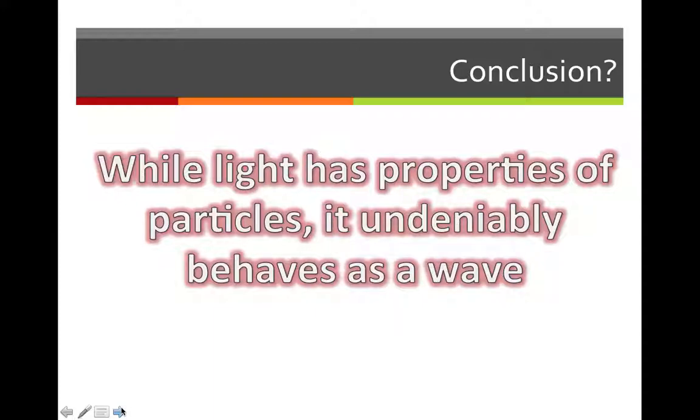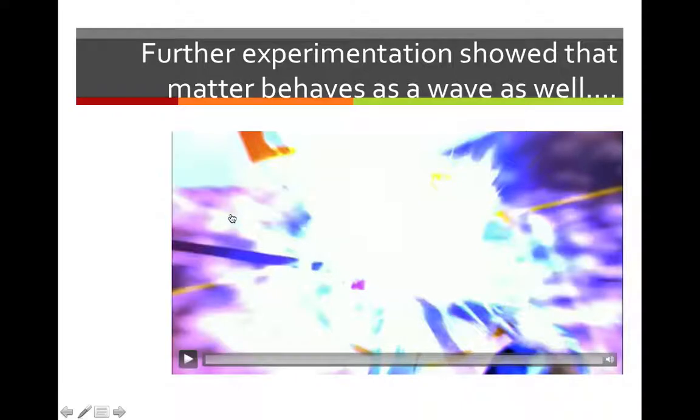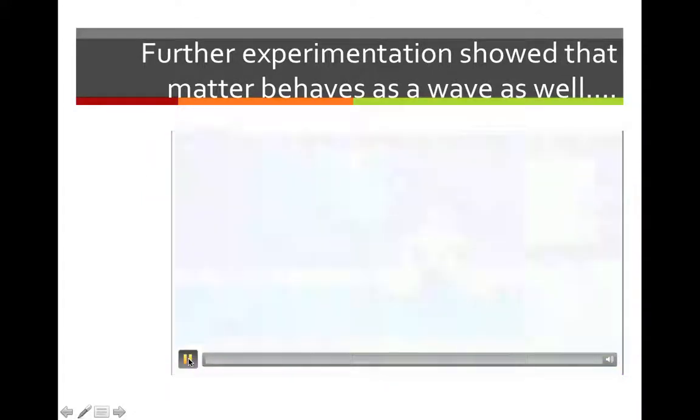It's accepted, but maybe not truly understood. How is that possible? Anyway, this is a neat little video that goes on to a larger scale, way cool: not only does light have properties of waves and particles, but so does matter, so does stuff, stuff like us. Let's just watch this video.